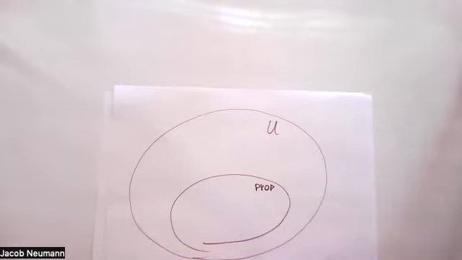So remember, we defined a proposition to be a type such that every element of that type is equal to every other element of that type. So up to identity, there's a unique element of a proposition, or a proposition can be empty.